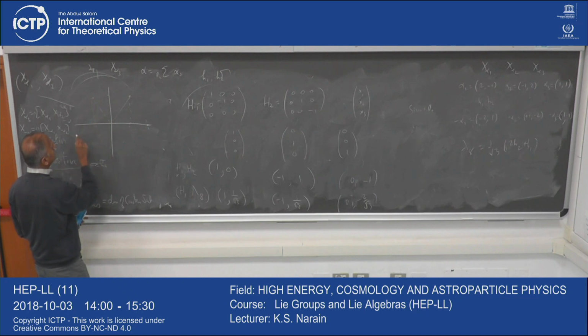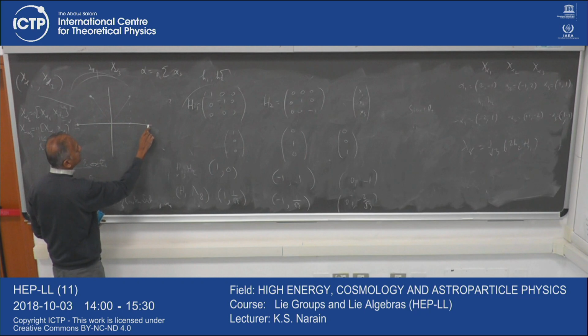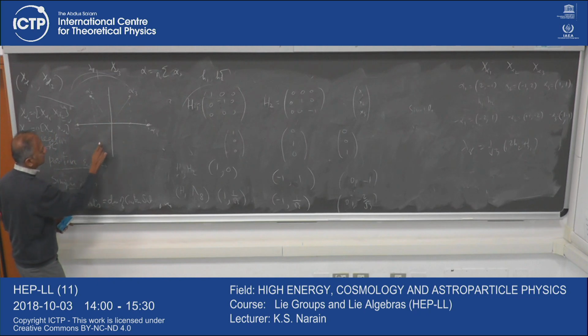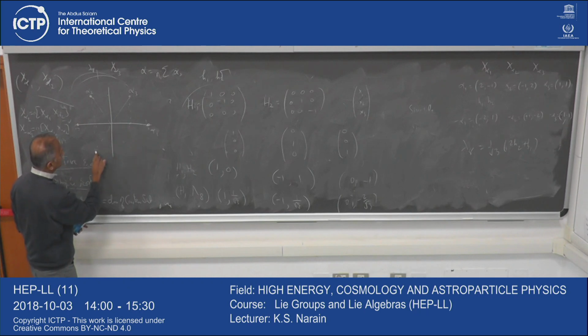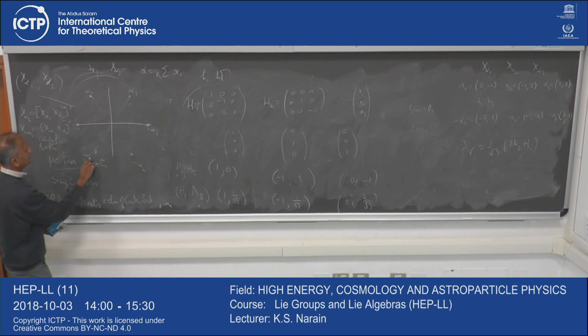So this is minus 1, minus 2. We call these alpha 1, alpha 2, alpha 3, and then the negatives: minus alpha 2, minus alpha 3, minus alpha 1.